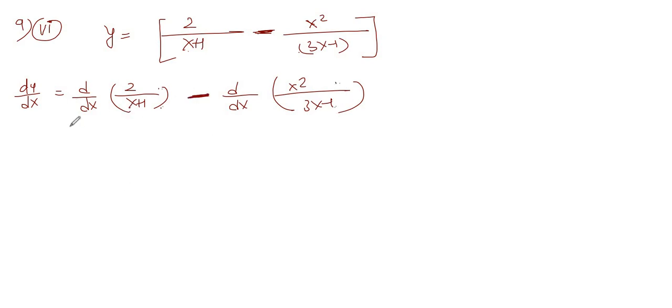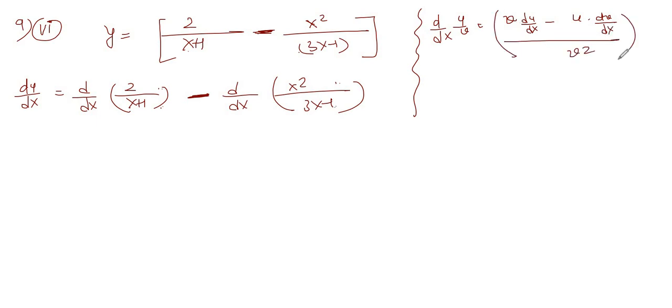So let me do this first. Okay. So what was the formula for the u by v method? It was v du by dx minus u dv by dx by v square. This was the formula. So I will apply here u by v.